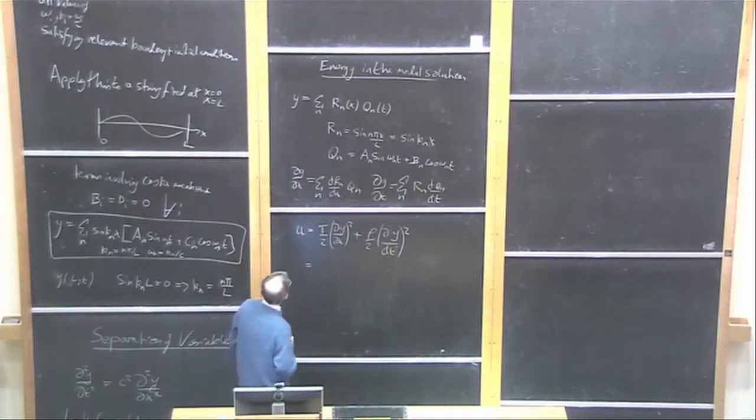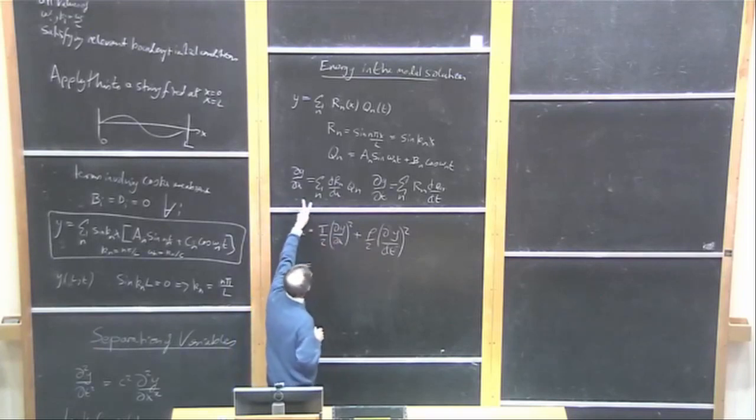So that's going to require a double summation because we're going to require this summation here squared.